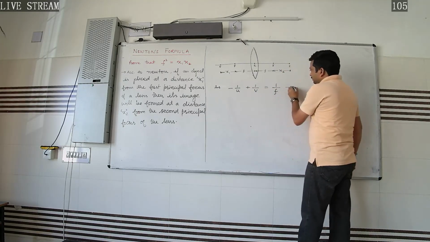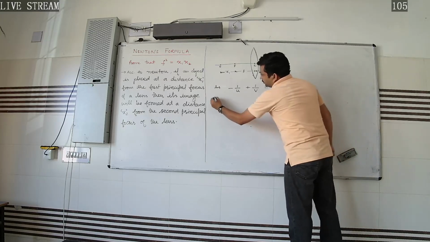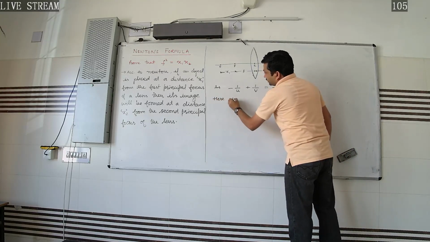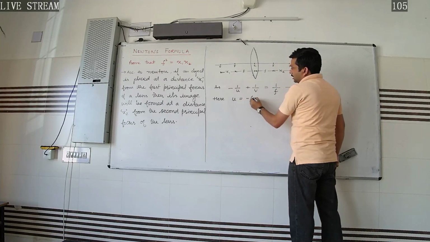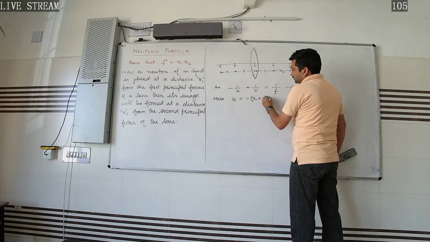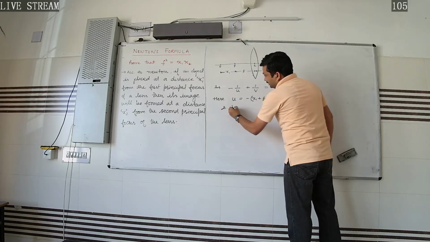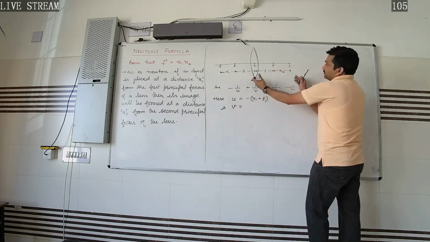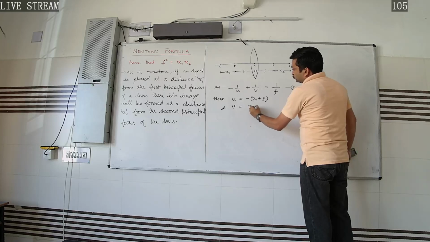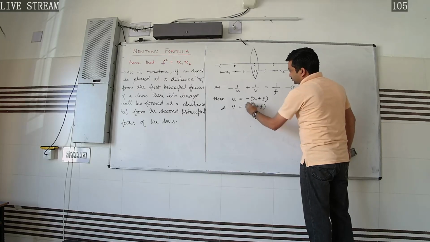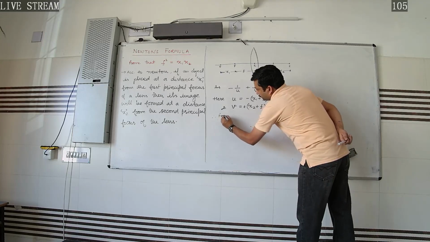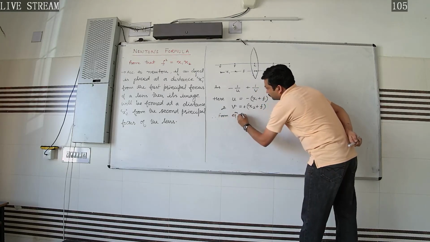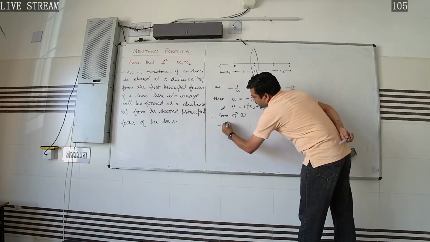So here in this case, if we consider it as equation number 1, here we have the object distance u is equals to minus of x1 plus f, and v, that is the image distance, is denoted by x2 plus f. So therefore from equation 1, what we get?